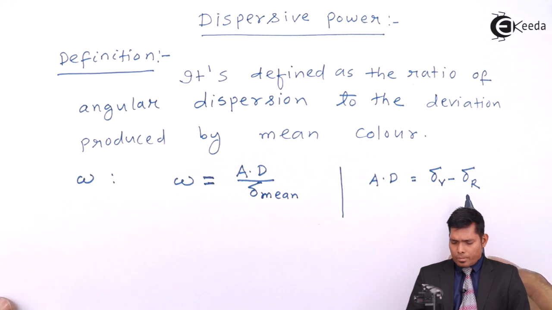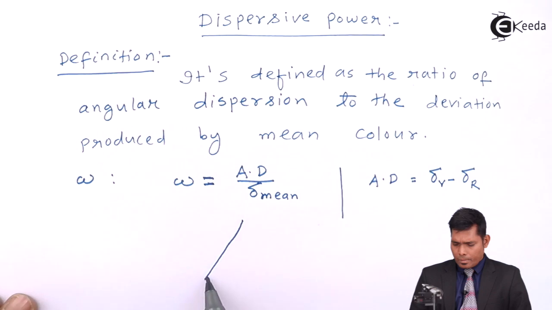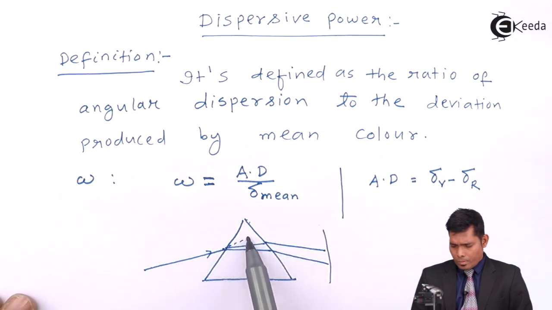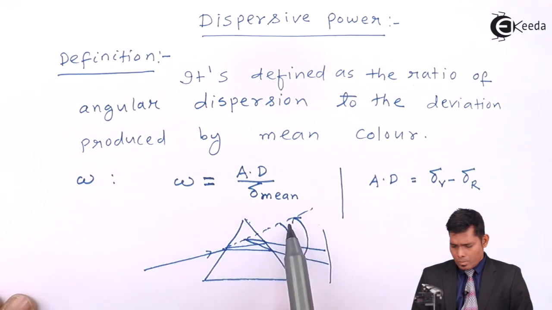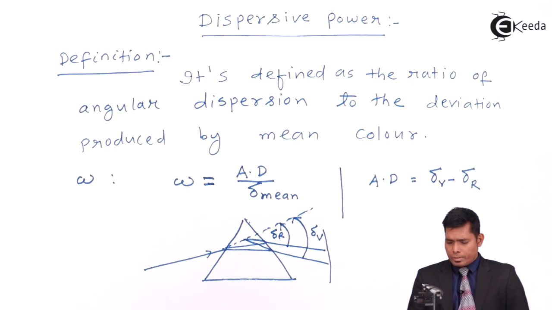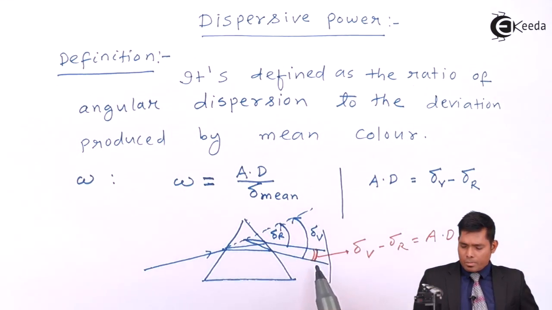Because if I consider a prism over here, basically angular dispersion is this angle. This is delta V minus delta R. The angle through which the colors are spreading is the angle between the two extreme colors.